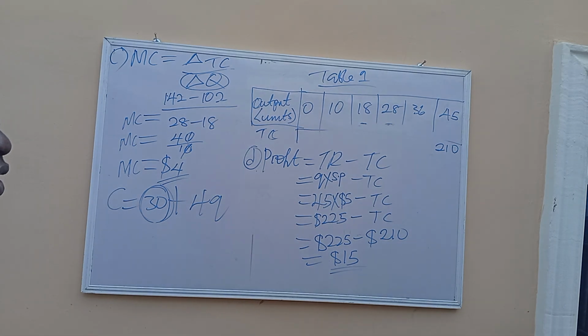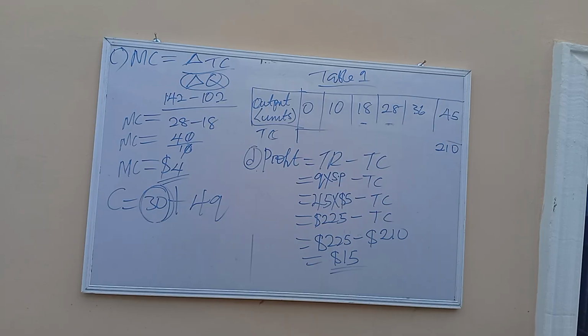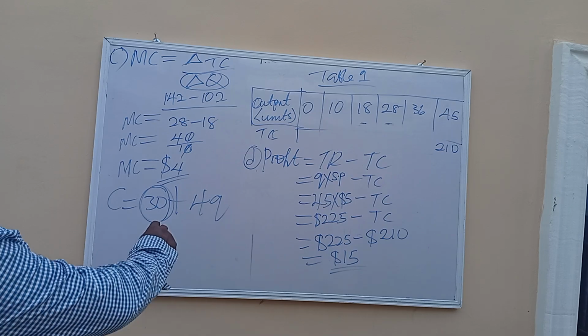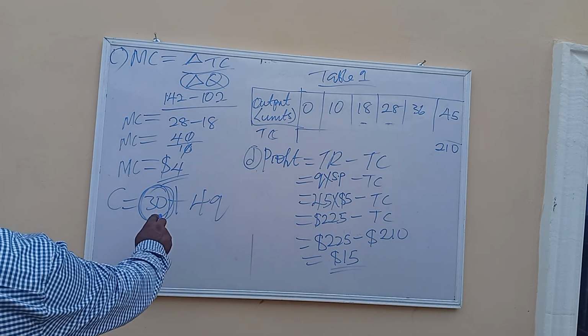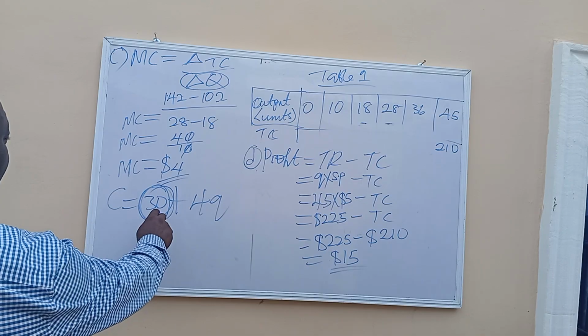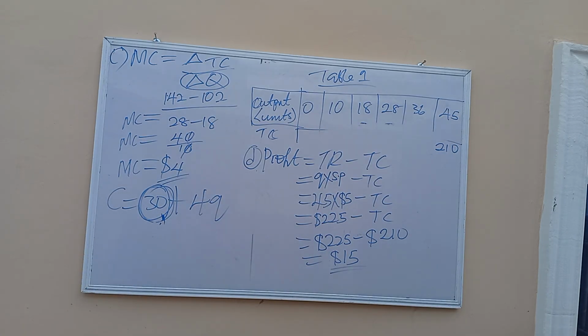So the cost also that will be incurred is going to be what? Fixed. So this is the fixed cost, 30. So the cost at this level is fixed because the quantity produced is what? Remain unchanged within this short period.